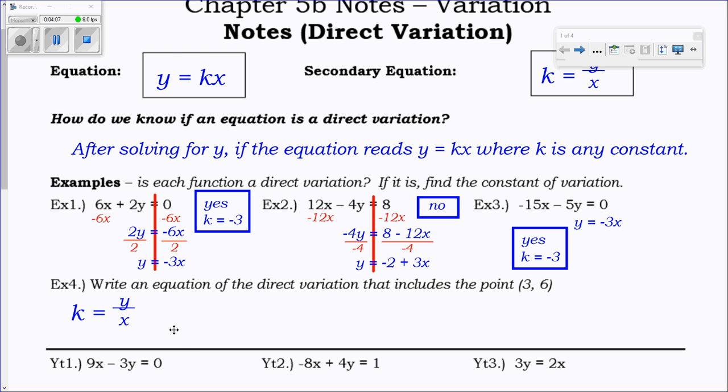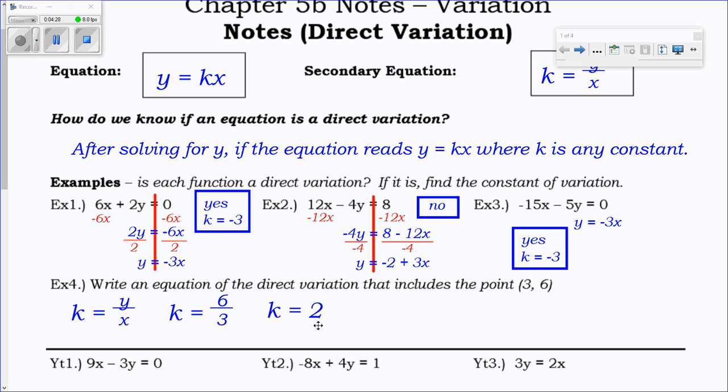I need to find the constant first before I can write an equation. So k equals, and what is y in the ordered pair? Y is 6, and x is 3, so I'm going to do 6 over 3. What does 6 over 3 equal?